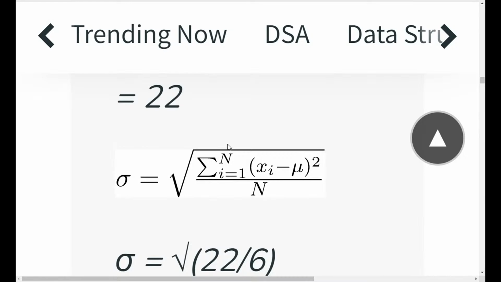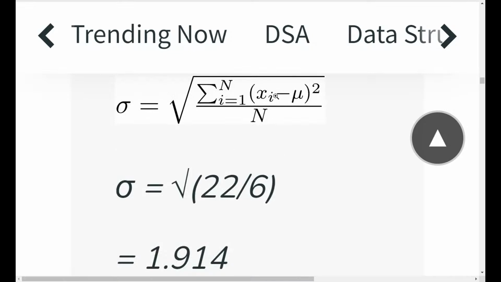Got it? Now I have some questions. What is my xi? 2, 4, 2, 3, 4, 5, all those numbers. How about this n value here? What does it indicate on the summation? Why are you writing it? Can I remove it? Is it needed or not?